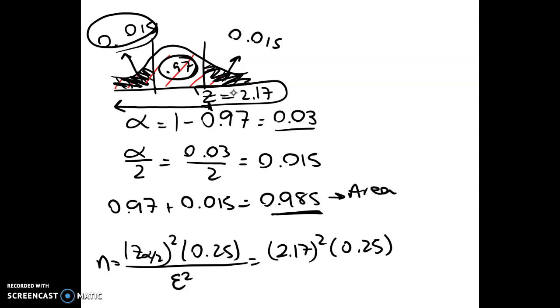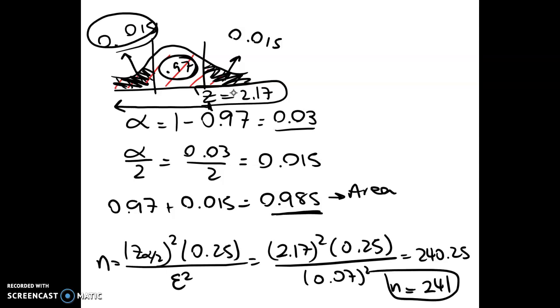The 0.25 is just coming from that formula, divided by 0.07 squared. Okay, now when I do that, I get 240.25. Now, because I have a decimal, it doesn't matter what number it is, just because I have a decimal, that means I have to round up to the next whole integer. So my final answer is going to be 241 for my sample size.